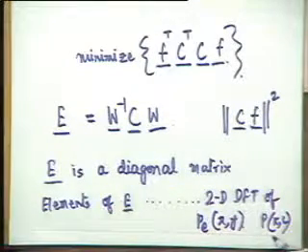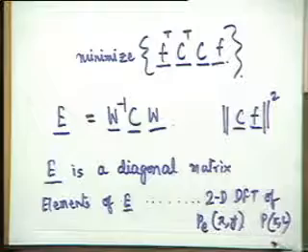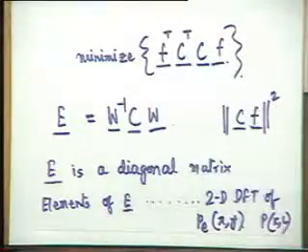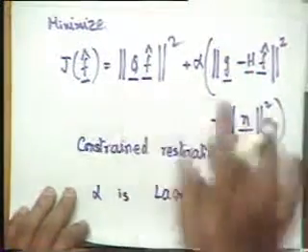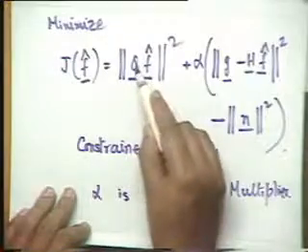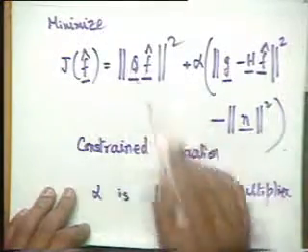Now what we are going to consider is the minimization of this particular expression. Now if we have to apply our constrained restoration problem, that means the minimization of this expression which we had considered yesterday, we have to make a suitable choice of the matrix Q. And what should be a good choice of the matrix Q?